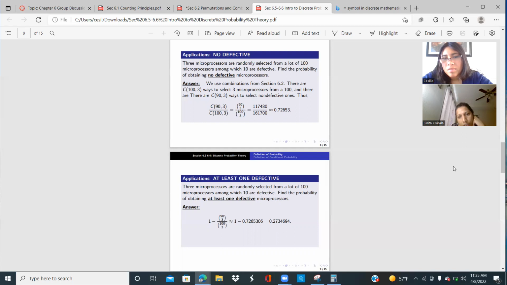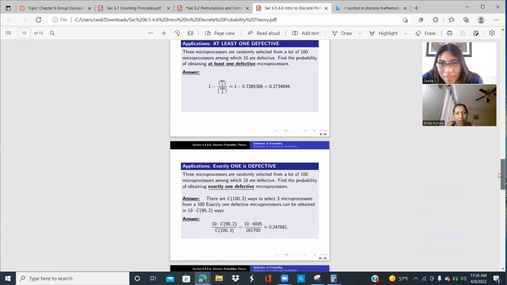The answer is 0.72653. Since we have the total numbers here, we had to find the probability of not getting any defective ones. Since we have 10 defective, you just do 100 minus 10, which gives 90, and that's if we select 3 microprocessors.